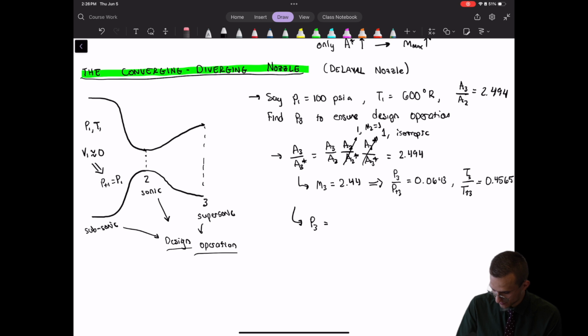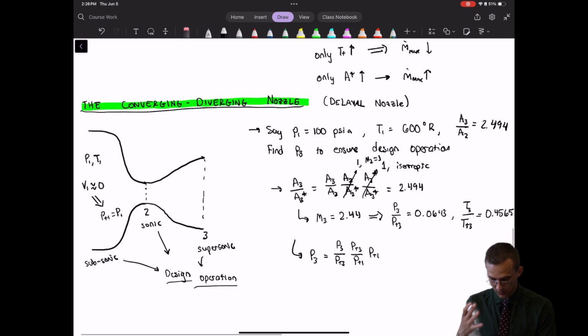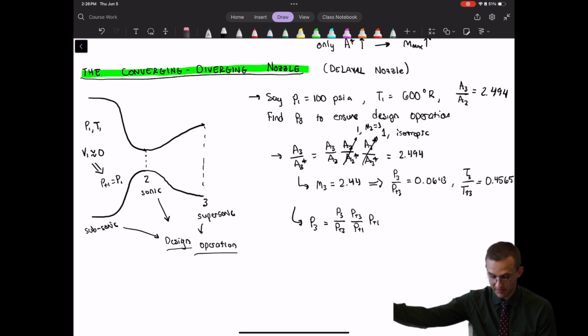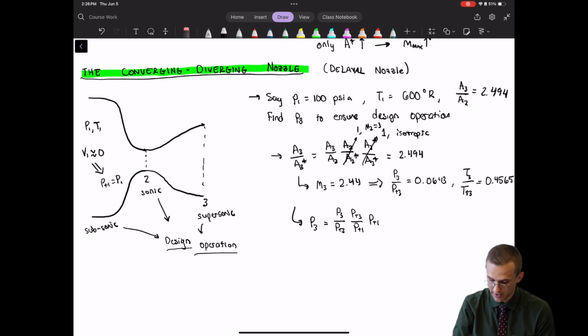Okay. So because of that, we can write P3 as P3 over PT3, PT3 over PT1, and then PT1. And we're making the assumption that it's isentropic from state 1 to state 3, so the stagnation pressure does not change. So this goes to 1. We just wrote down what that value was, and we know what PT1 is because it's the same as P1, because the flow is stagnant upstream.